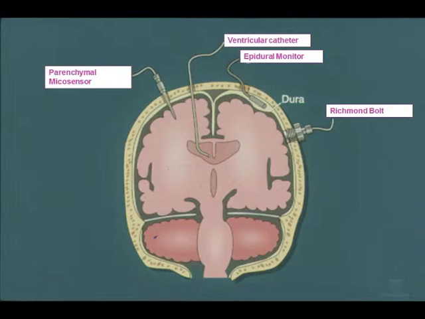The old Richmond bolt was simply a hollow bolt connected to fluid-filled tubing. No one uses that anymore, certainly in the U.S. And the epidural monitors are also not used much because they're slipped in under the bone, in the epidural space, and because of air in there, they don't give good fidelity ICP measurements. There's too much drift and the like.